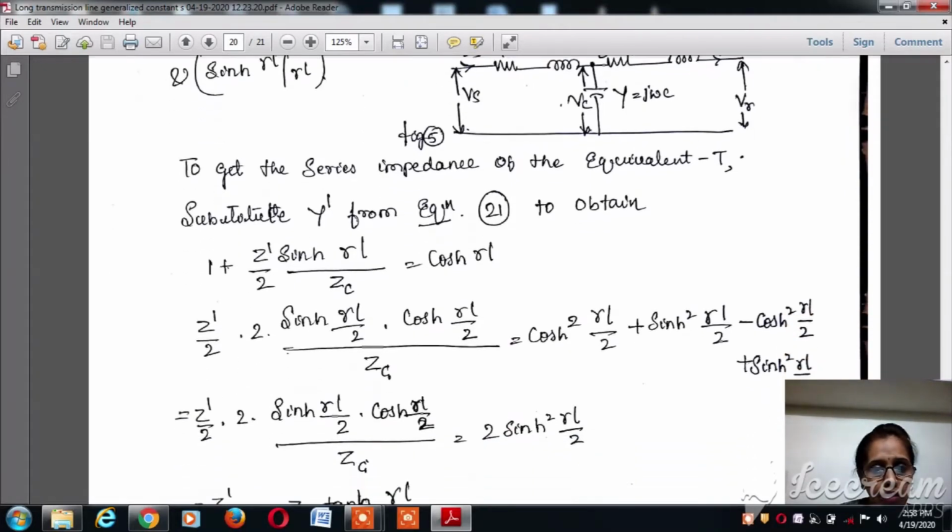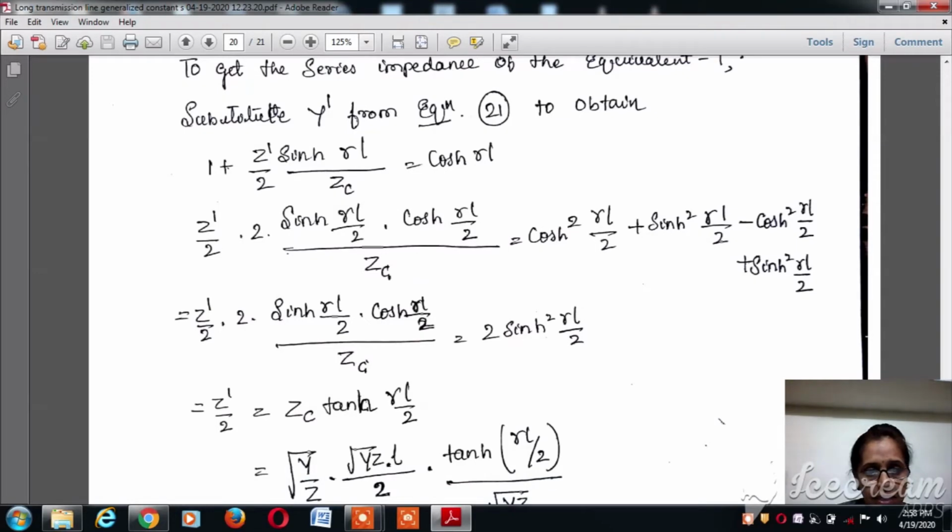cos hyperbolic gamma L. So now simplify this: z1 z dash divided by 2 into sine hyperbolic gamma L divided by 2, multiply and divide by 2, into cos hyperbolic gamma L divided by 2, whole over Zc, is nothing but equal to cos hyperbolic square gamma L divided by 2 plus sine hyperbolic square gamma L divided by 2 minus cos hyperbolic square gamma L divided by 2 plus sine hyperbolic square gamma L divided by 2.